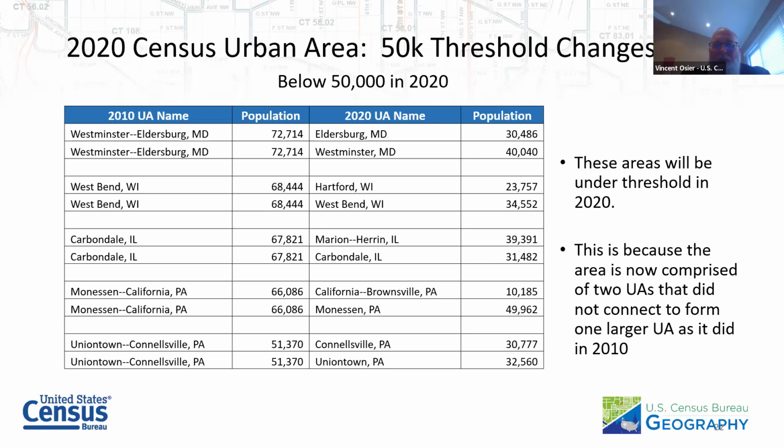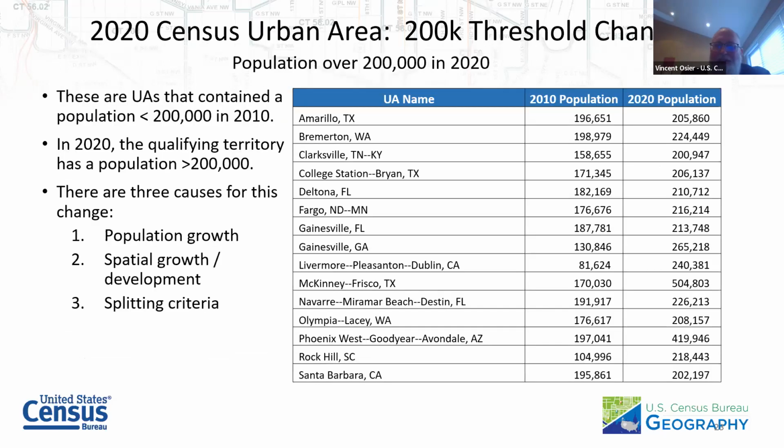The others are more through potentially other changes in the criteria having an effect, especially jump distance, moving to the block level, just that general urban shrinkage was just enough to put them under 50,000 this time. Can we jump to the next slide too?